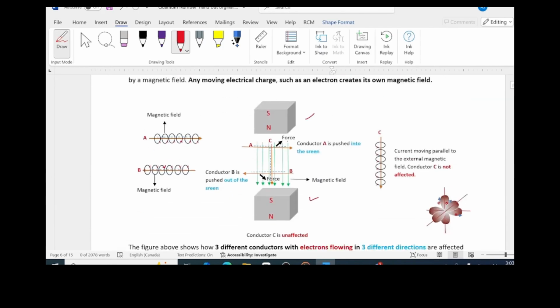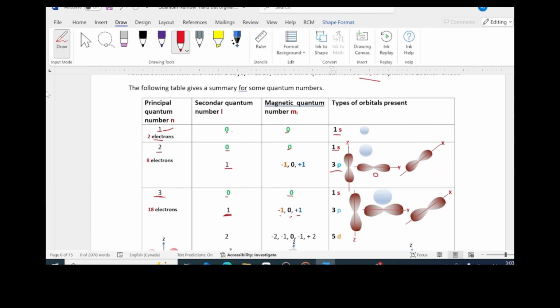The table here gives a summary of some of them. When n is equal to 1, you only have s electrons. If I give you these quantum numbers, how would you know what type of electron am I talking about? If I say n equals 1, L is 0, ML is 0, I'm talking about an s electron. If I say to you n equals 2, L equals 1, and I say ML is equal to -1, I'm talking to you about a p electron in the second shell.